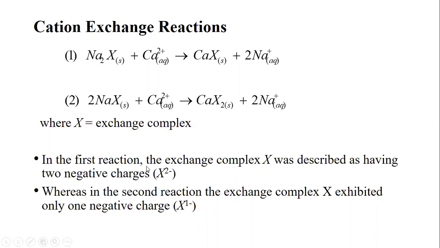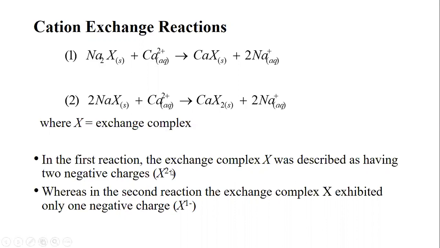In the first reaction, think of the exchange complex as any soil colloid that can have exchangeable cations on its surface. The exchange complex X was described as having two negative charges.